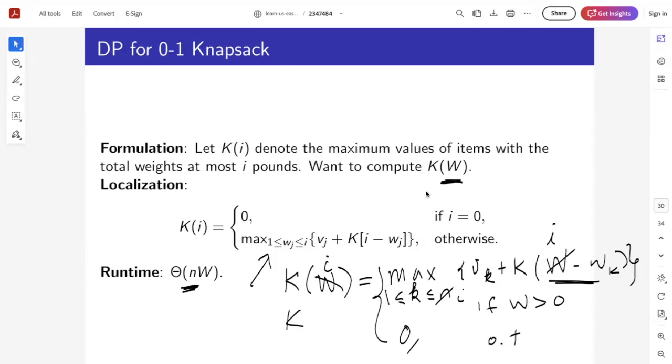And for each selection of K, there are n choices.